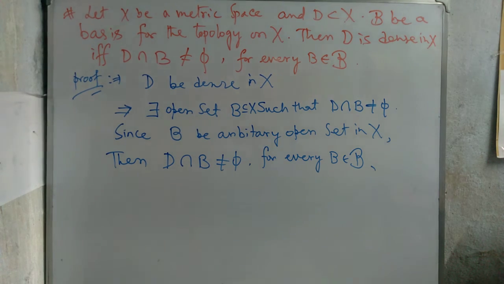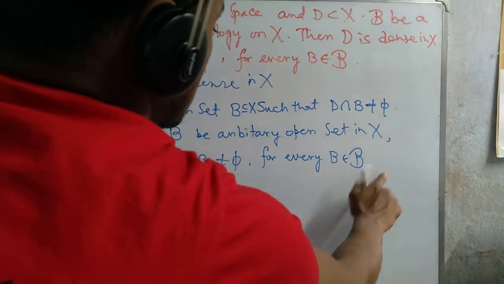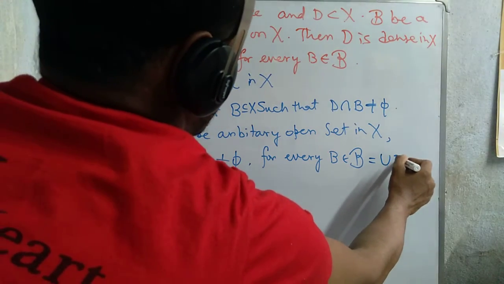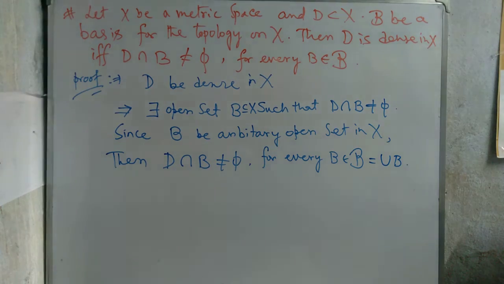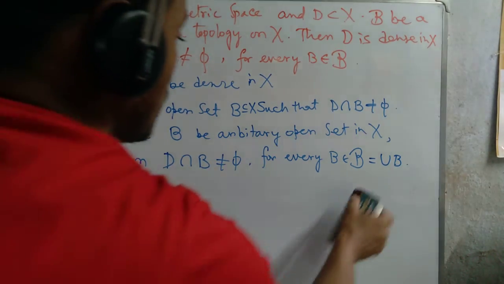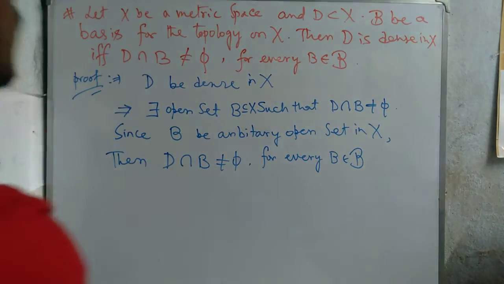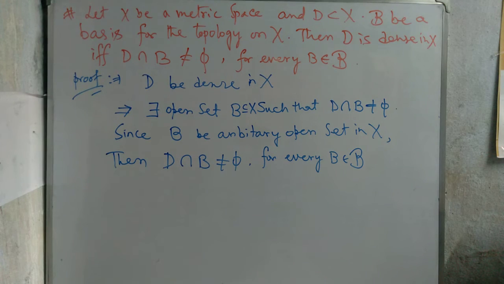Since this collection, X, is equal to the union of these B, then obviously for any B, D intersection this is not equal to phi.